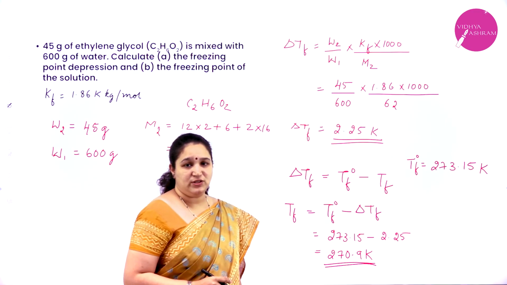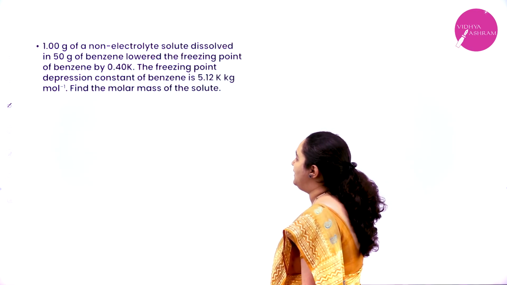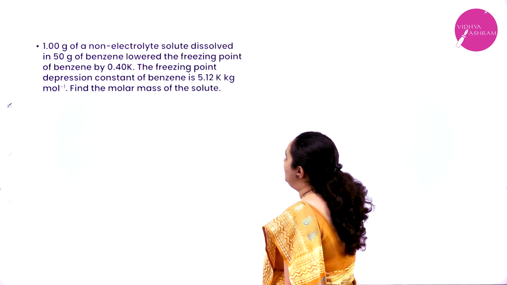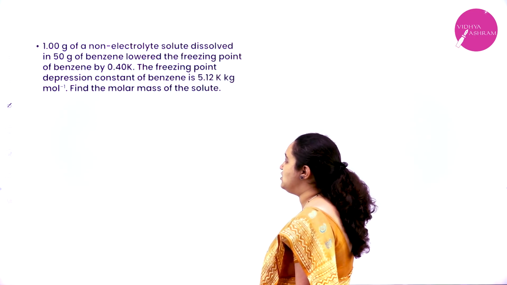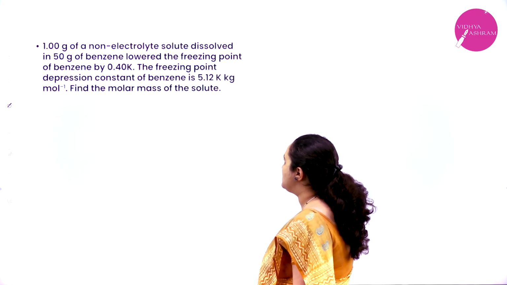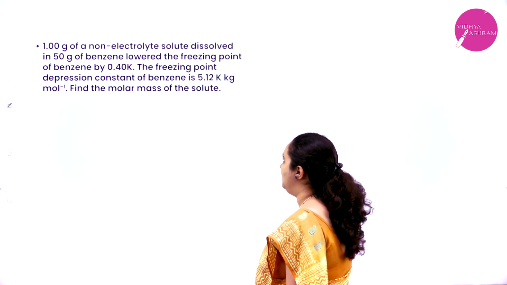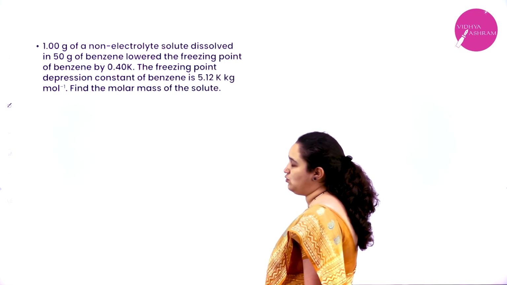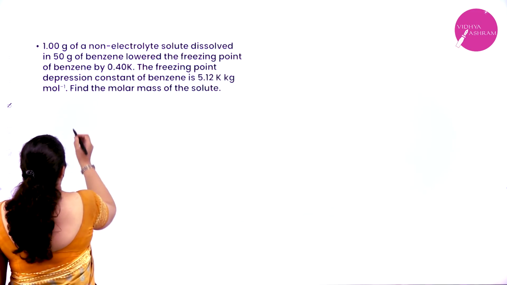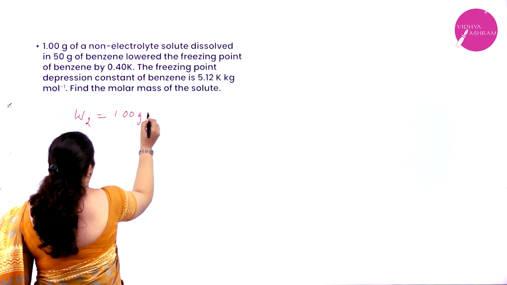Next question, that is 1 gram of a non-volatile solute dissolved in 50 grams of benzene lowered the freezing point of benzene by 0.40 Kelvin. The freezing point depression constant of benzene is 5.12 kg Kelvin per mole. Find the molar mass of solute. So again, you have to find the molar mass of the solute. So what is given? W2, mass of solute, is 1 gram.